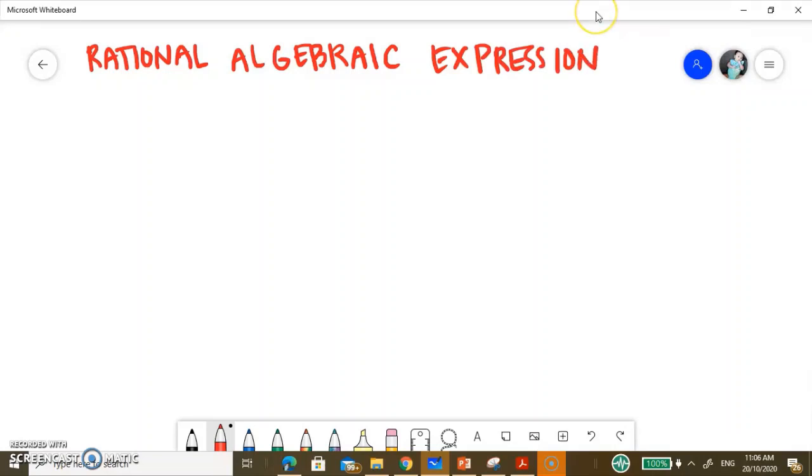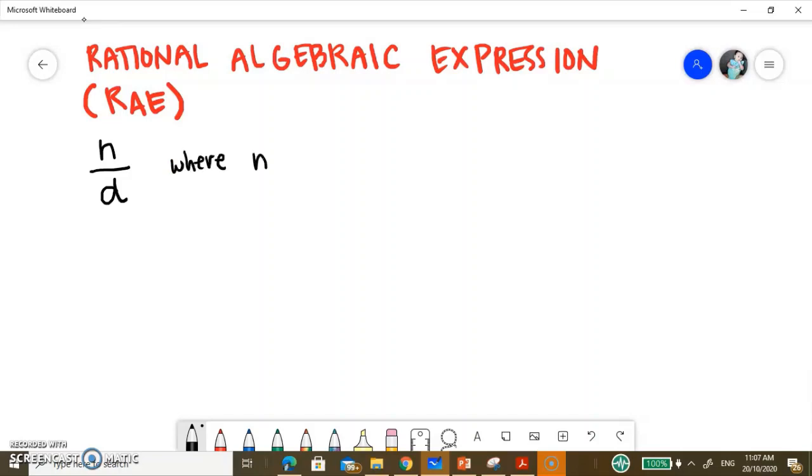Okay, so let's recall that for the rational algebraic expression, we could have that as RAE. It's written in the form n over d, where n and d are both polynomials.